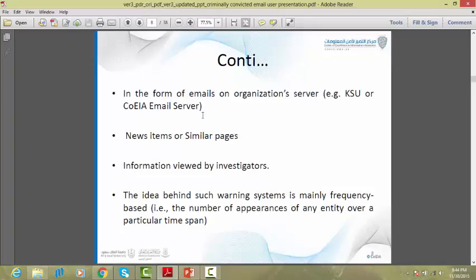For example, a big organization, such as a university, has its own mail servers, and they can keep an eye on that. The received and sent emails can be investigated by a third party to find a criminal.